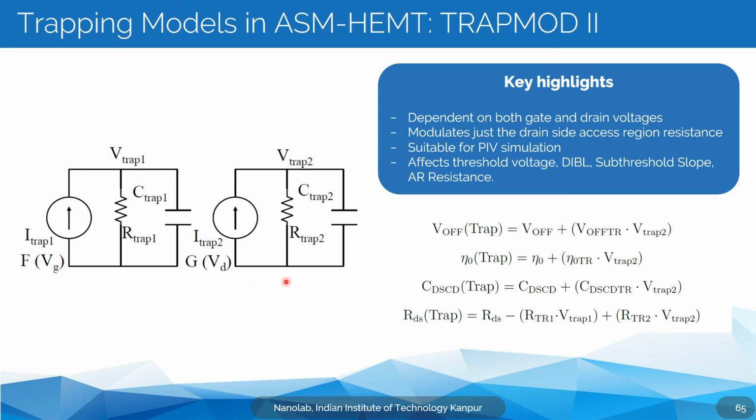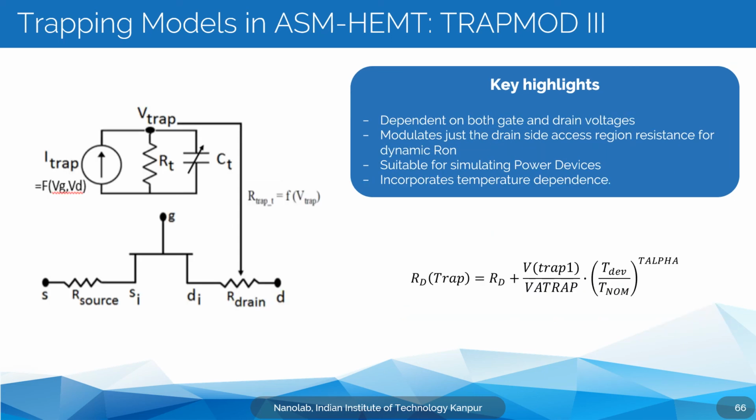The 4 parameters it governs are the threshold voltage, eta naught, and CDS-CD, which, if you remember, is the drain bias dependence of the subthreshold slope, and it also affects the drain side access region resistance. The interesting part is that it depends on both the gate voltage and the drain voltage, so you can now cover both gate lag as well as drain lag.